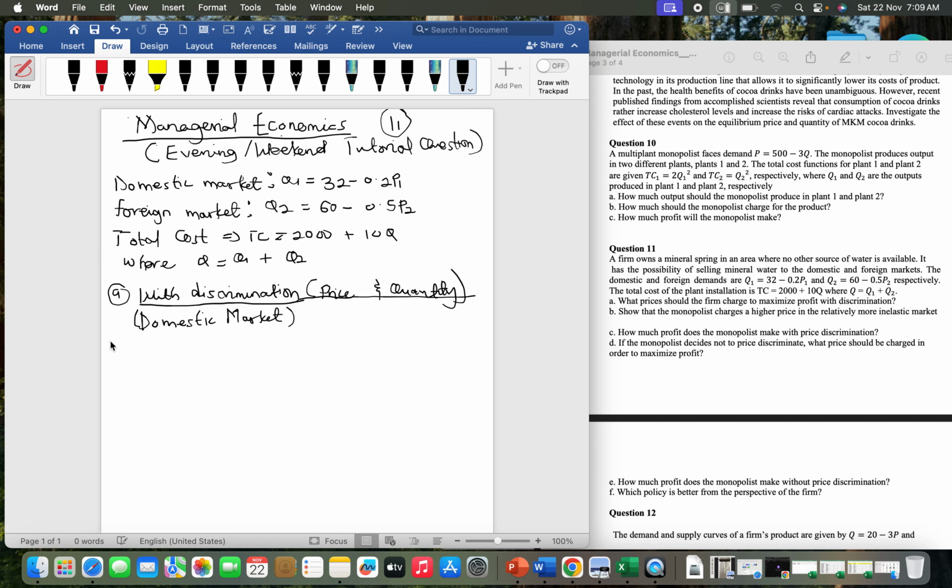So with the domestic market, we're given Q1 is equal to 32 minus 0.2 P1. This is our demand function that was given in the question.